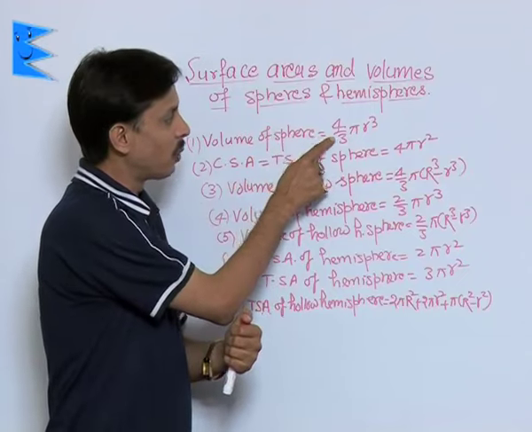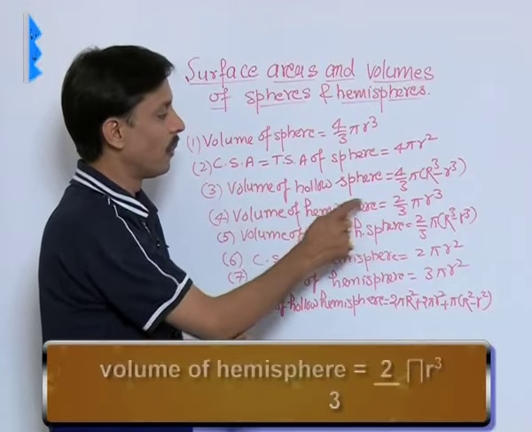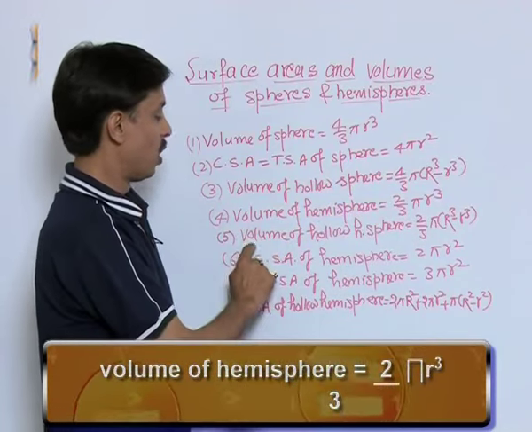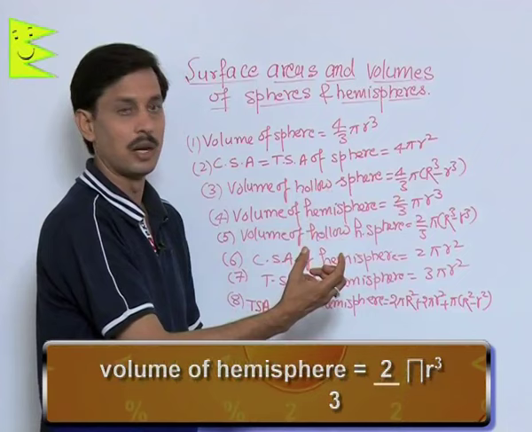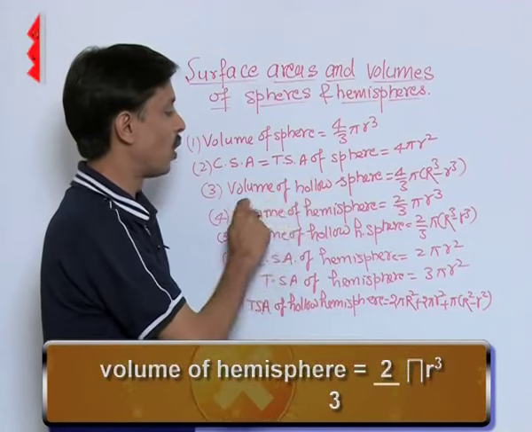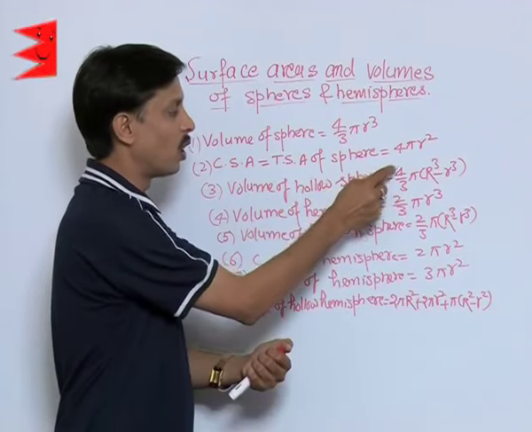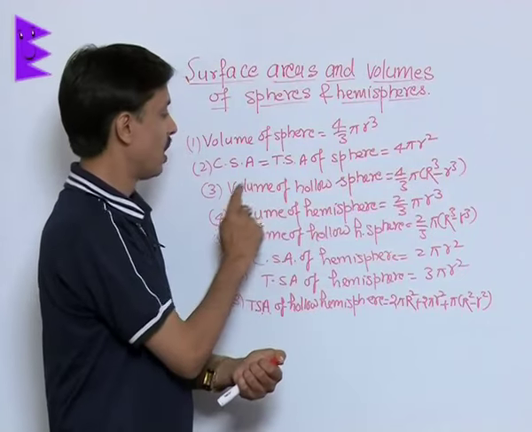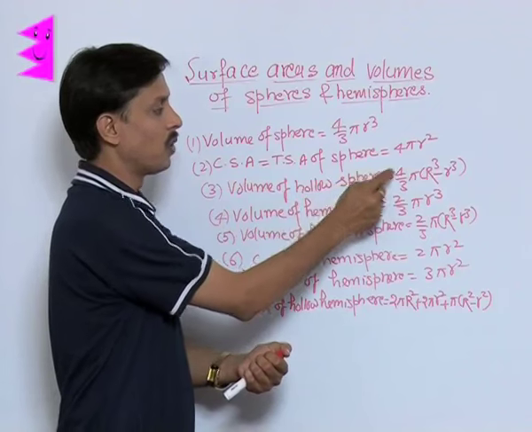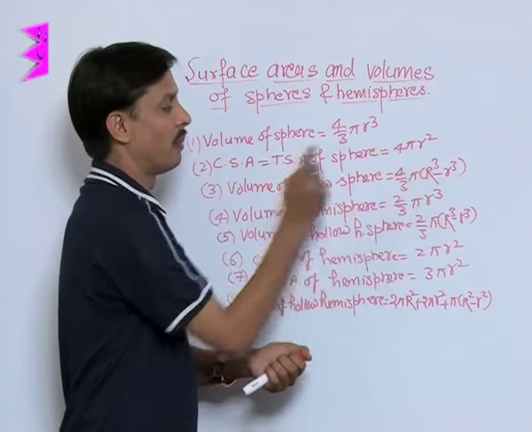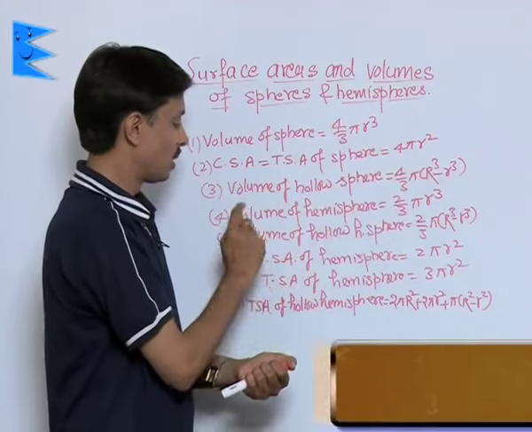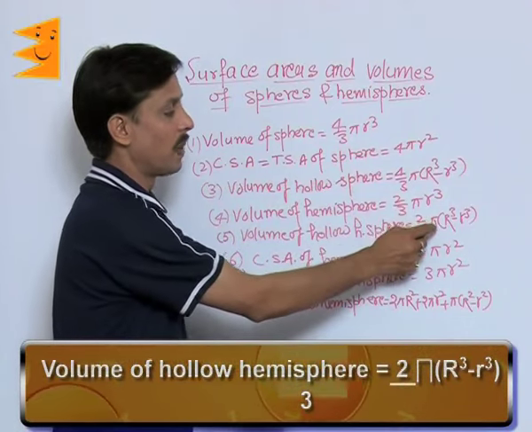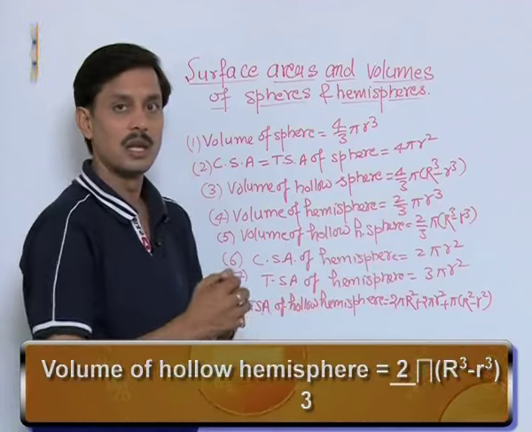Volume of sphere is 4/3 πr³, so volume of hemisphere is 2/3 πr³. Volume of a hollow sphere was 4/3 π(R³ − r³), so the volume of a hollow hemisphere will be given by 2/3 π(R³ − r³).